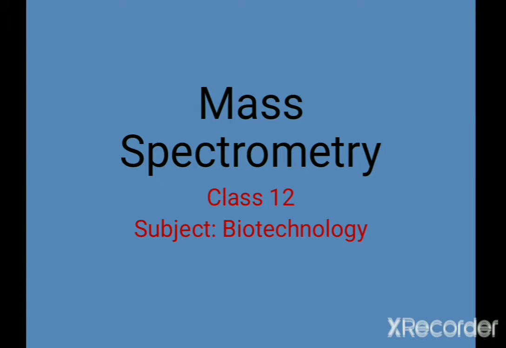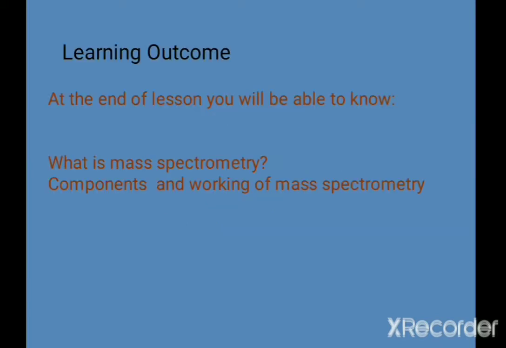So, today, through this topic, at the end of this lesson, you will be able to know what is mass spectrometry and what are the components that make this instrument, and how these components work together in the working of mass spectrometry, and what is the purpose of mass spectrometry.